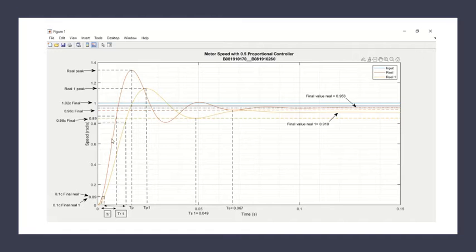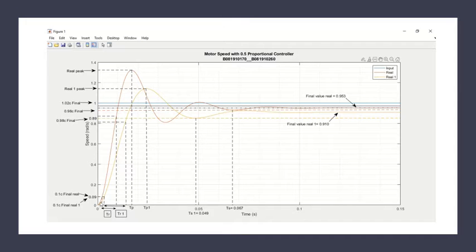Next, I will calculate TR and TR1. Sorry. To find the value of TR, we have two formulas, which are first 10% and second 90%. First we need to find the 10%, which is 0.1 times the final value real, 0.953, equal to 0.09.